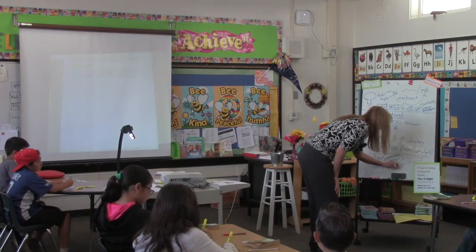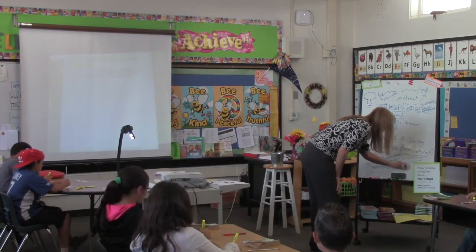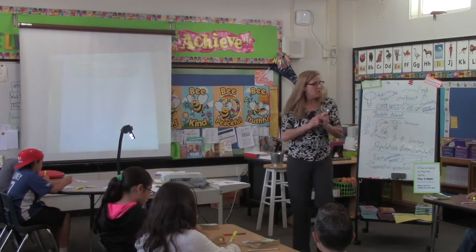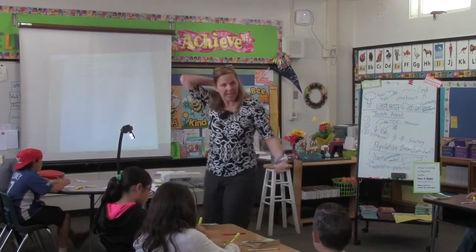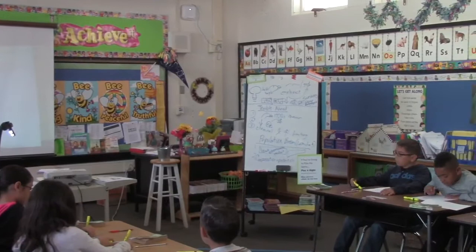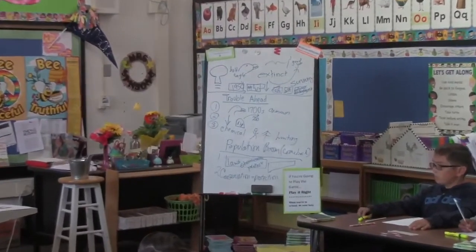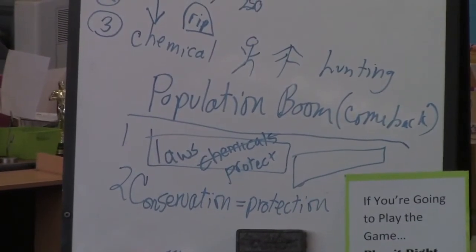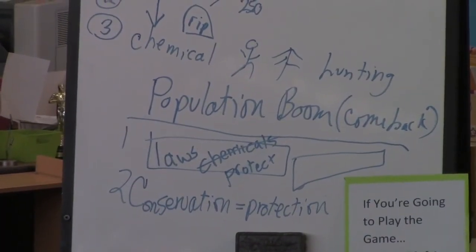So they're going to protect, some sort of protection of something. So if you're having conservation, what are you protecting? Things that there's a lot of or things that there's not much of? Things that there's not very many of. Okay, so let's do it. Ready, guys? Go. Conservation, or protection efforts, have helped their survival.